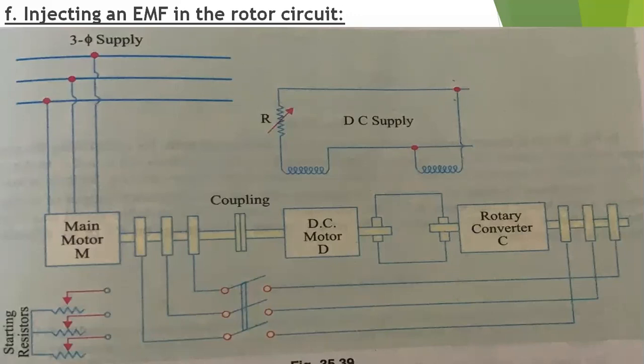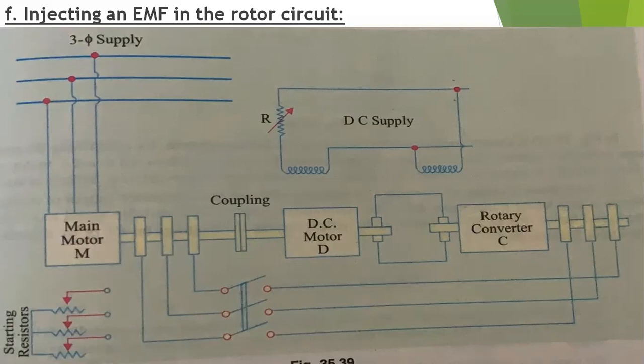By this, you know that by changing the phase of the injected EMF, we can change the rotor resistance. If you change the rotor resistance, automatically I can change the speed, and the speed can be controlled as we desire. So what is the main aim?